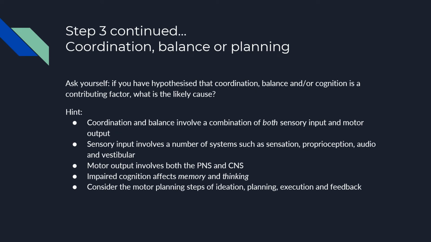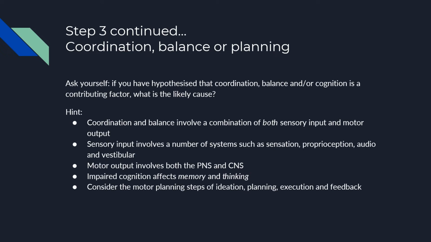So if you think that coordination, balance, and or cognition is a contributing factor, again, what's the likely cause of this? Consider that coordination and balance involve a combination of both sensory input and motor output. Sensory input involves a number of systems such as sensation, proprioception, visual, and vestibular.